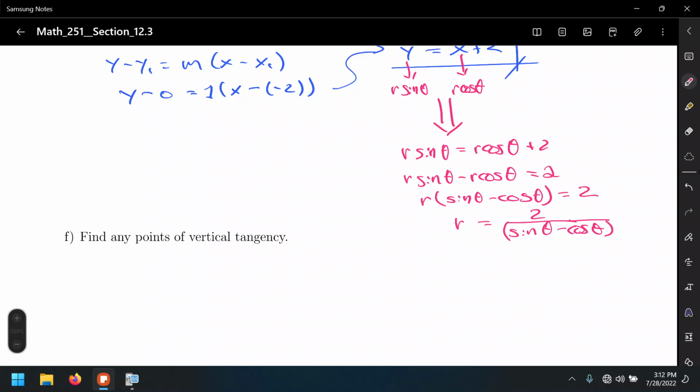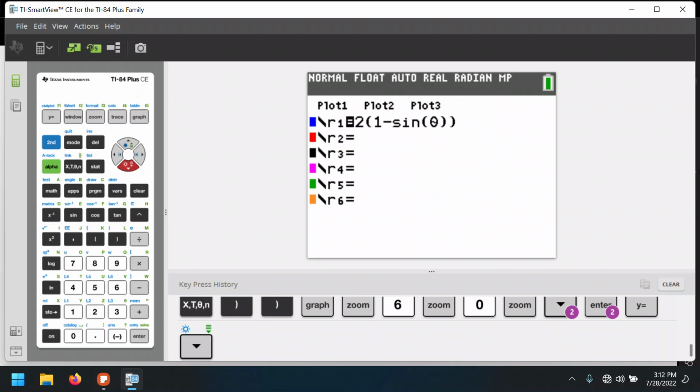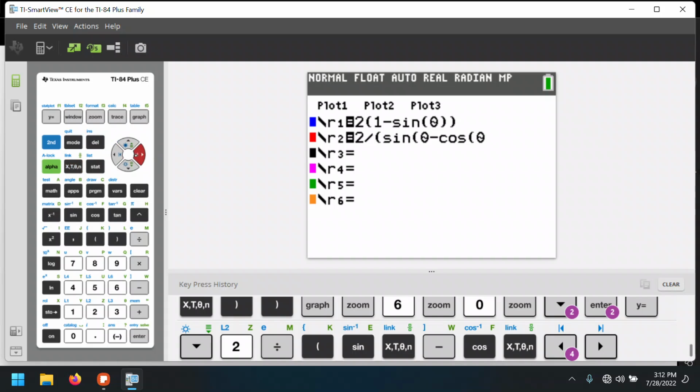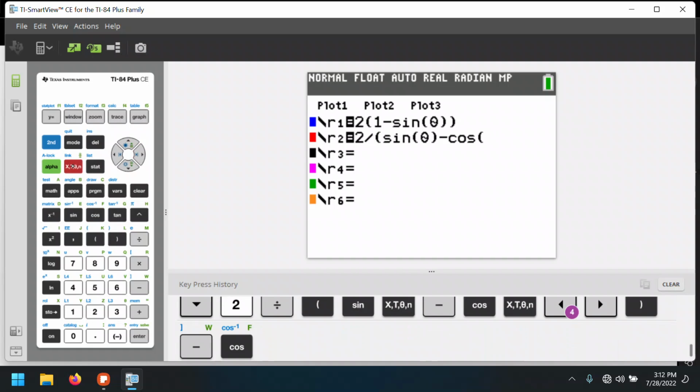Think of all this having parentheses, because we need to put parentheses around those on our graphing calculator so we can indicate to the calculator that everything is in the denominator. So that's sine theta minus cosine. Oh, that's not the correct syntax. And minus cosine theta and close parentheses.